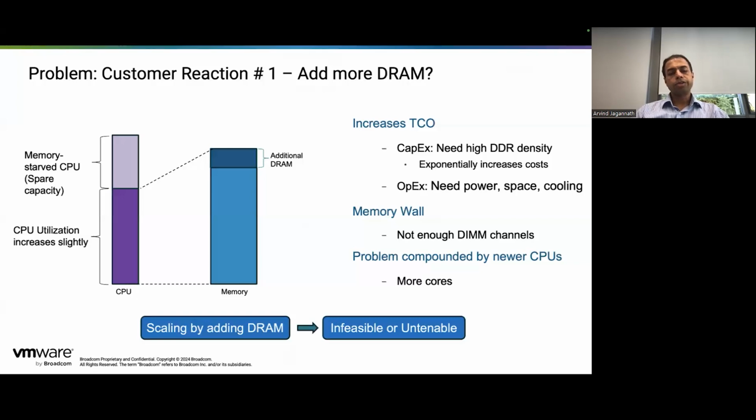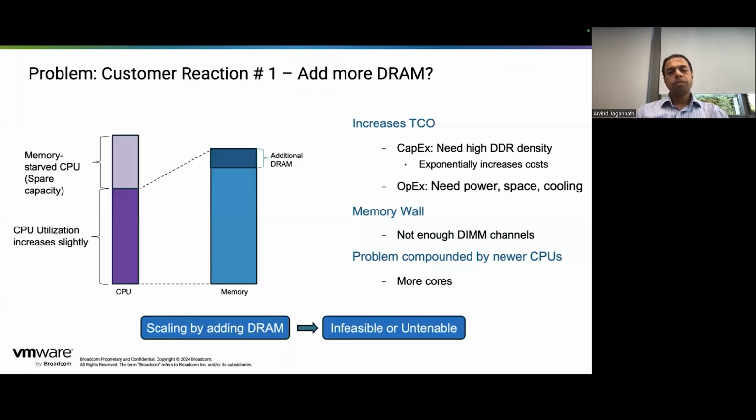There is also this issue where when customers do their sizing and purchase their servers, they typically try to maximize their bandwidth on their DDR channels. What that means is that they try to fully populate it, and they run into a memory wall-like issue where they cannot really add more DIMMs into their DIMM slots.